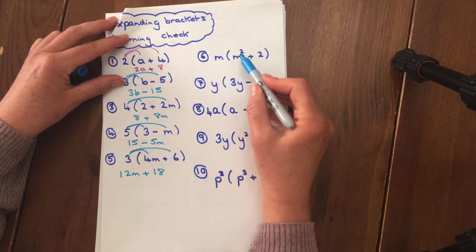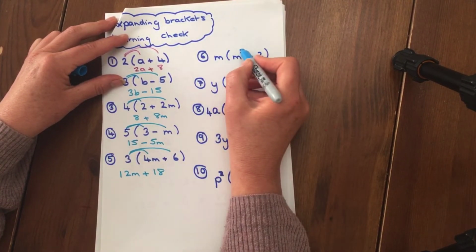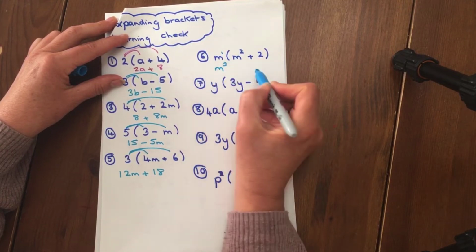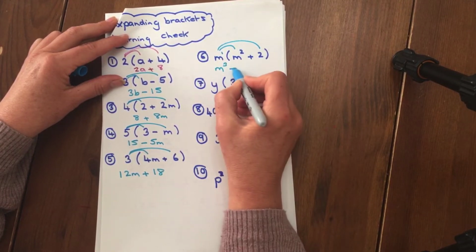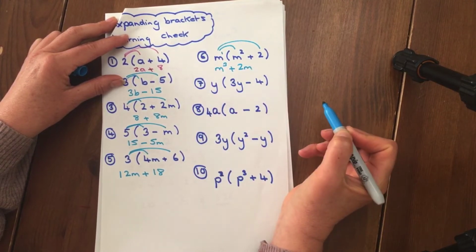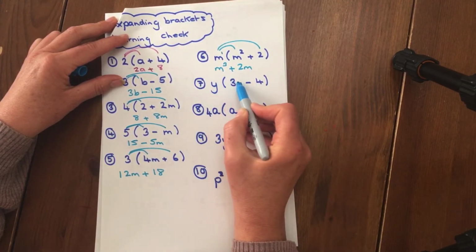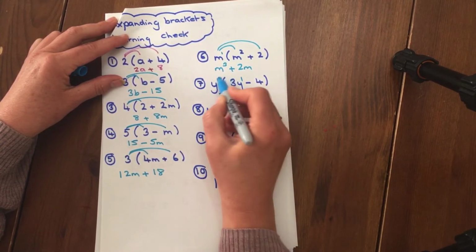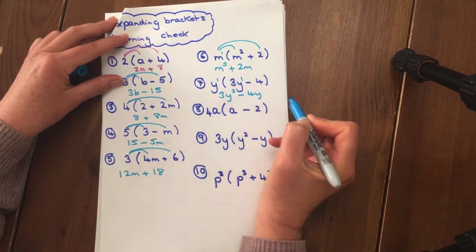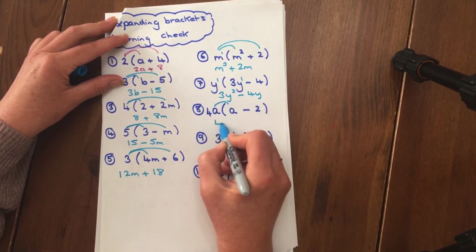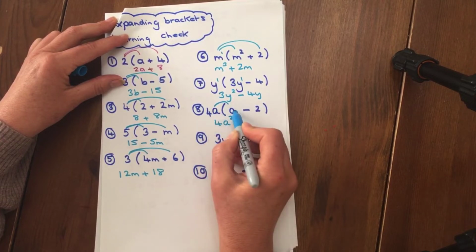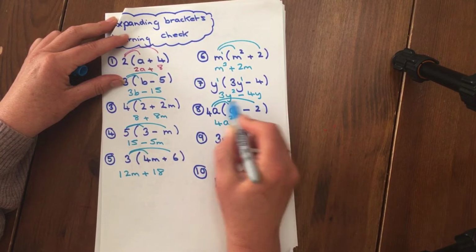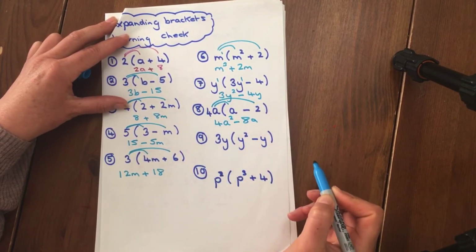These are the harder ones when we had powers. So remember, m times m squared, we add the powers, so that's m cubed, and m times 2, 2m. Here, y times 3y, remember we add the powers, so that's 3y squared, minus 4y. 4a times a is 4a squared, 4a times minus 2 is minus 8a.